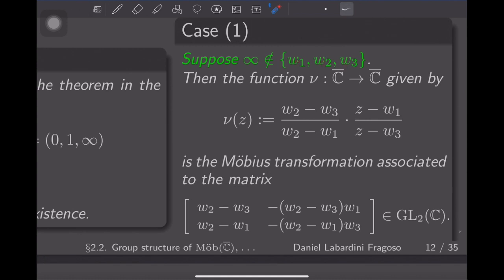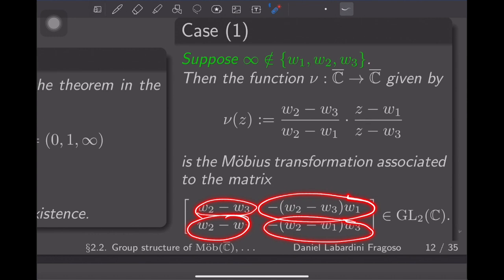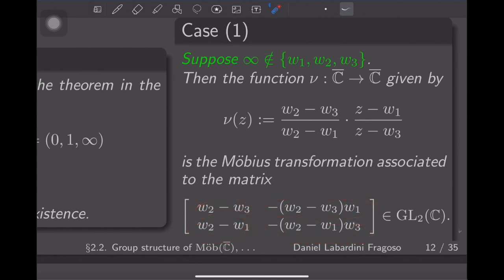Okay, so you see, the determinant is this times this minus this times this. So the determinant becomes this times minus W2 minus W1 times, sorry, I'm getting a bit lost.